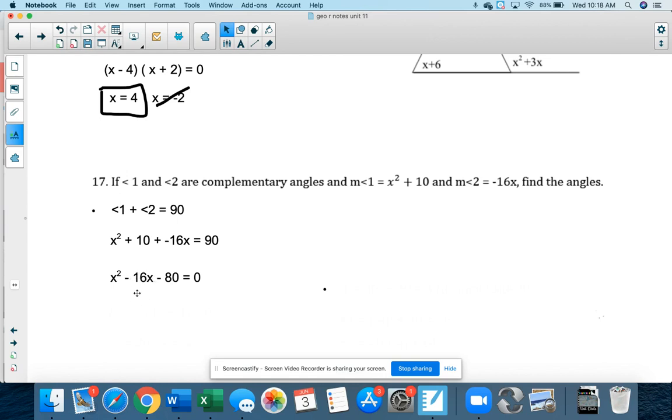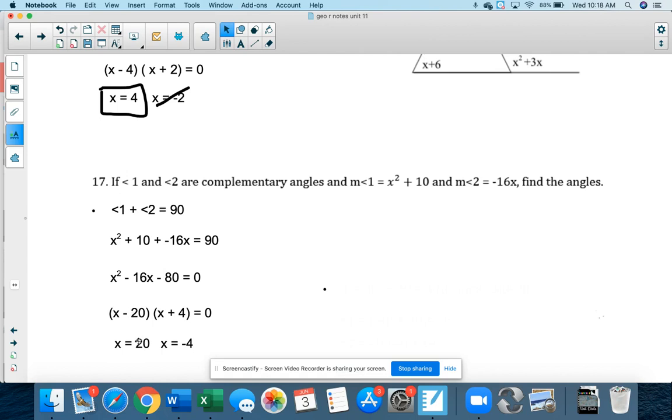The only way they're going to equal negative 16 is if it's negative 20 and positive 4. Again, negative 20 times positive 4 is negative 80, and negative 20x and positive 4x would give me my negative 16x.